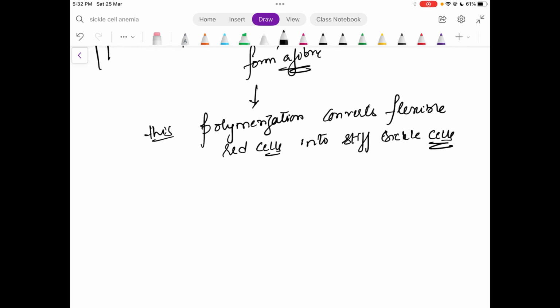That means normally this type of cells are converted into sickle shaped cells. This shape, this is stiff, this is a sickle cell.